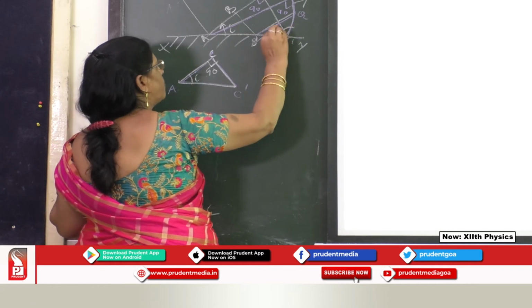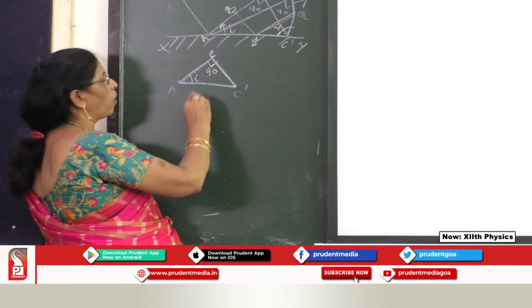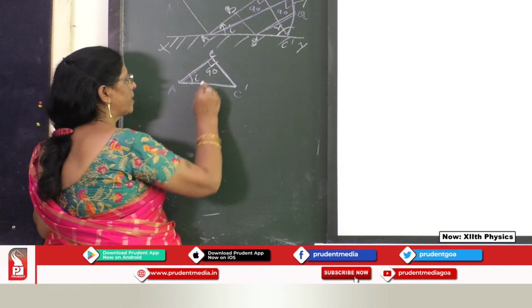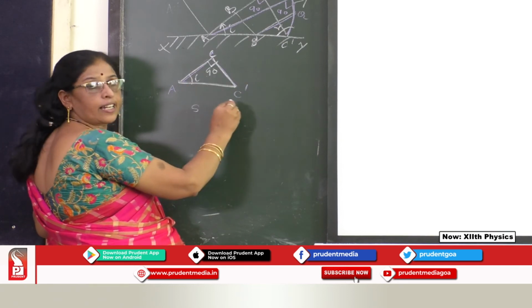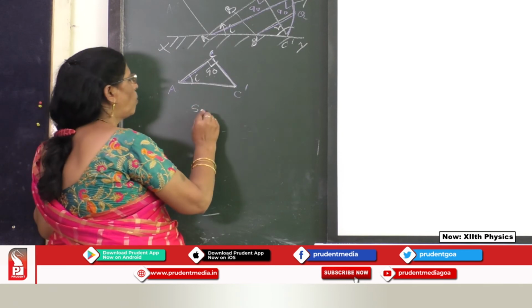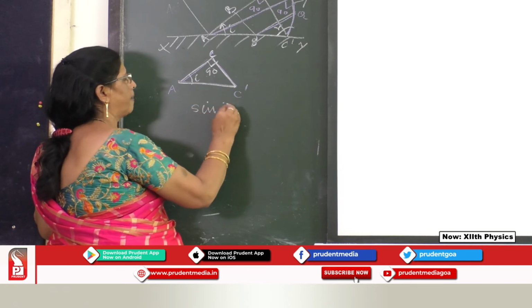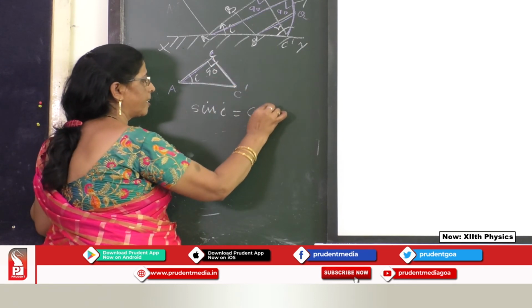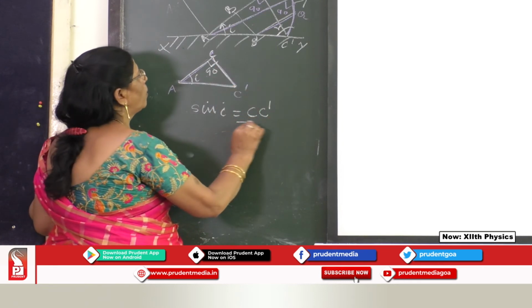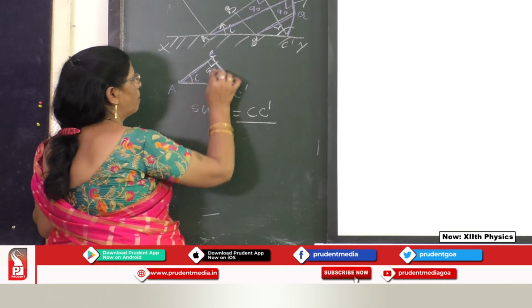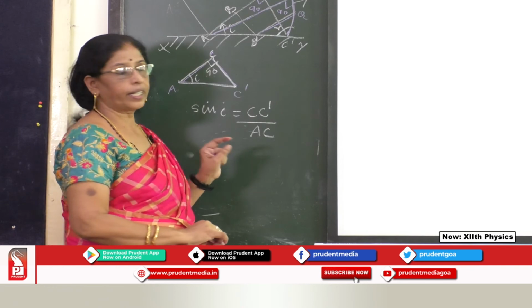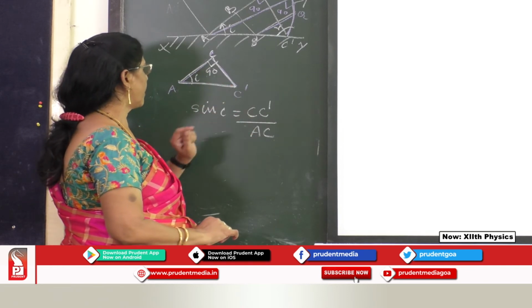This is the angle of reflection. In the triangle ACC dash, this is 90 degree, and AC dash is the hypotenuse. What is the value of sine I? Equal to the opposite side, which is CC dash, upon the adjacent side AC. Okay, CC dash upon AC.